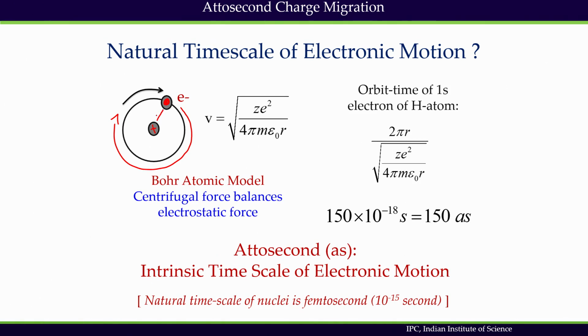So, the electrostatic force will be acting in this direction, and because it is orbiting, there is a centrifugal force which will be acting outwards this way. And according to the Bohr atomic model, we know that these two forces will be equal, because that is the way we can have a sustaining atomic model.